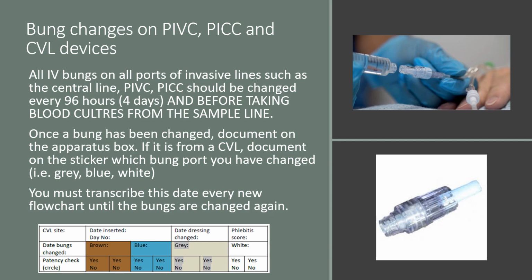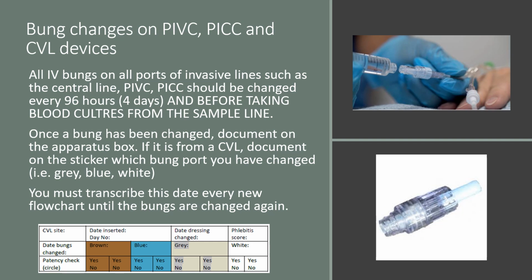Once a bung has been changed, please document in the apparatus box. You can see there that there is a special box for CVL bung changes because there are different lines, either a triple lumen or a quad lumen, and we want to make it clear which one we've actually changed.